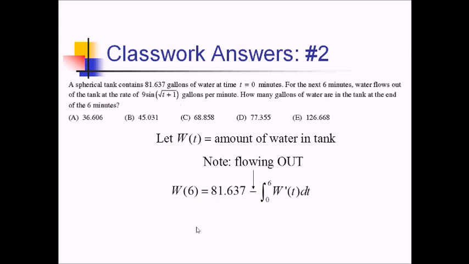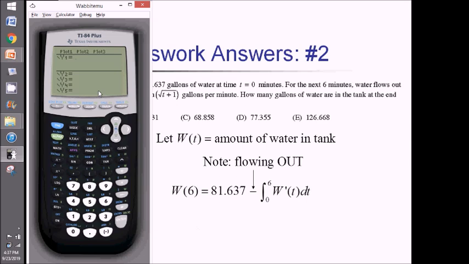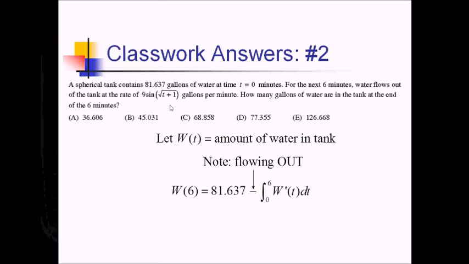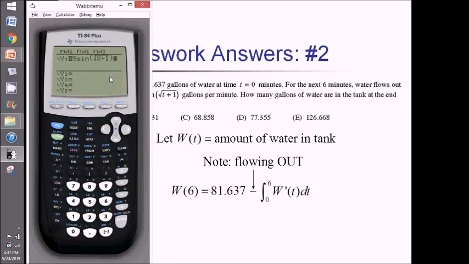So let me show you on my calculator what I'm doing here. In my y equals, I'm going to put this 9 sine of radical t plus 1. And since it's a graphing calculator, I have to use x instead of t here. Let me quit out of that now.